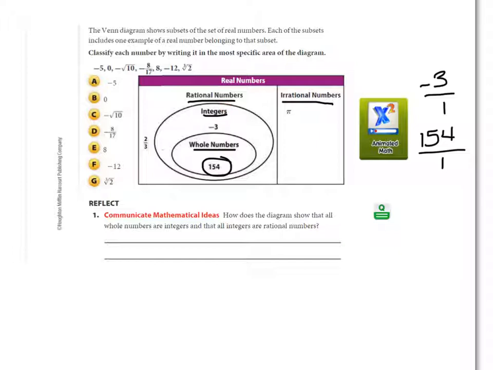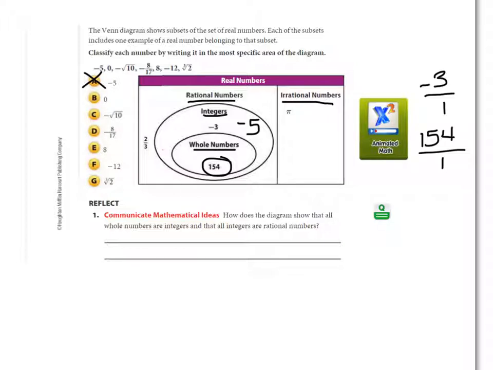It has to be a whole number. Well, -5 fits that description, so we know it could go in this circle. Is -5 a whole number? Well, whole numbers are numbers that you can count with on your fingers that start with 0. So 0, 1, 2, 3, 4, and so on. Well, -5 doesn't fit that, so -5 goes in the integer circle, which means it is also a rational, but it is not whole.